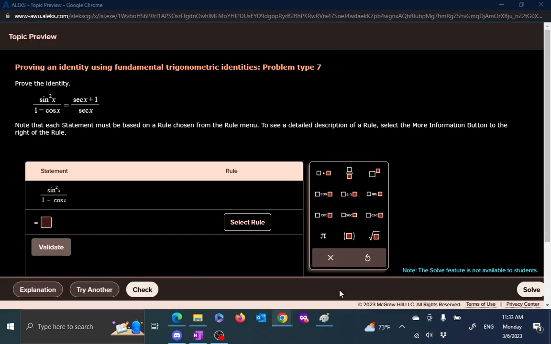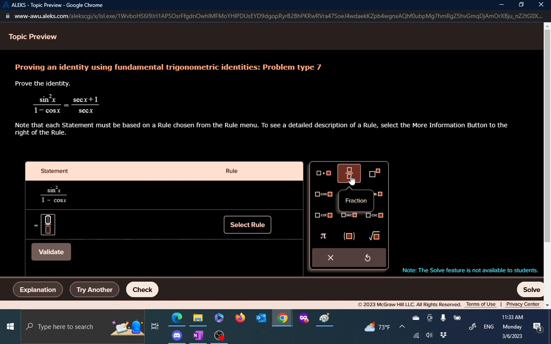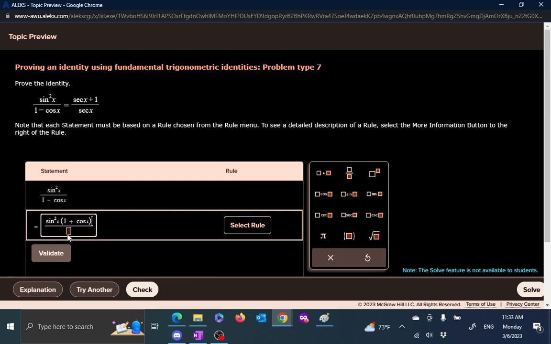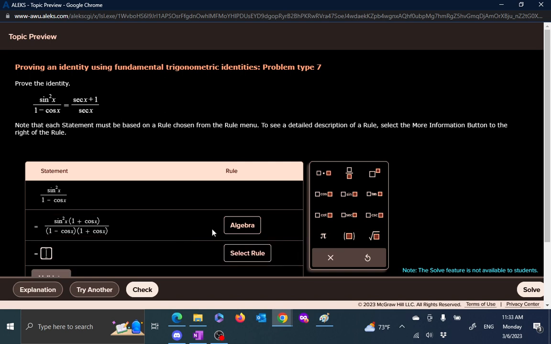So we were here. So we said we do what? We make a fraction. So I have sine square of x, multiplied by 1 plus cosine of x. And in the denominator, I had 1 minus cosine of x times 1 plus cosine of x. So what did I do? Algebra. Haven't done anything real yet.